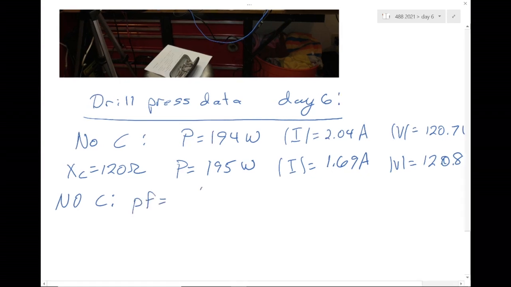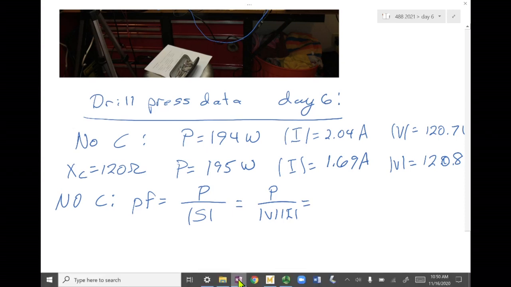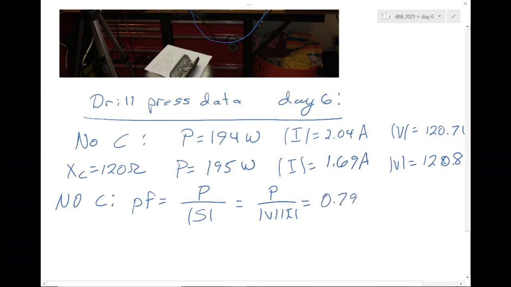I'm going to use this equation, P over S, apparent power, which is P over VI. So I can do that calculation. And the value is significantly lower than what we calculated last time because the power value changed so much. We get 0.79, and I'm going to assume it's still lagging since it was lagging last time. We'll find out when we connect the shunt capacitance.